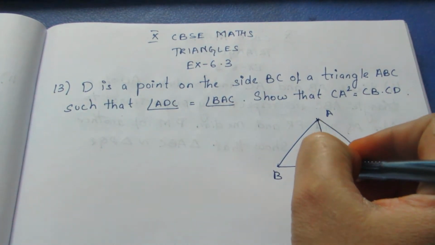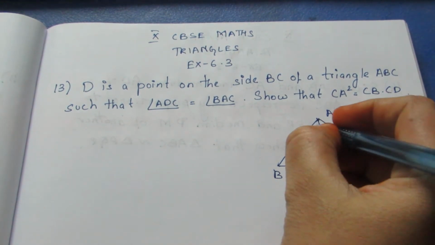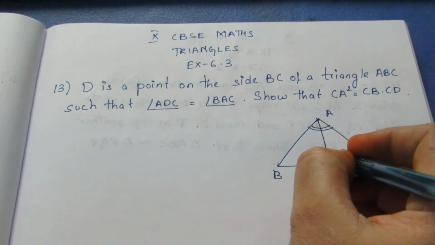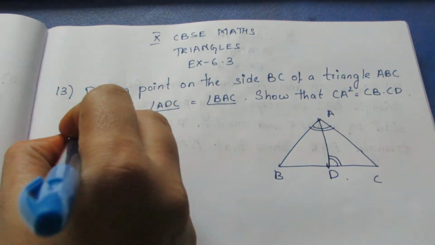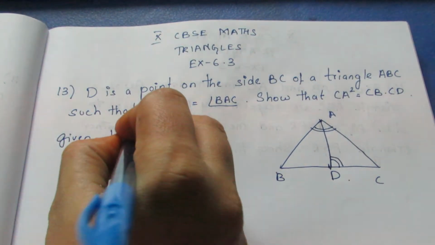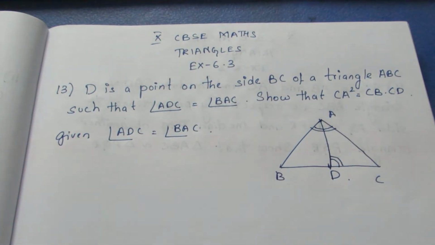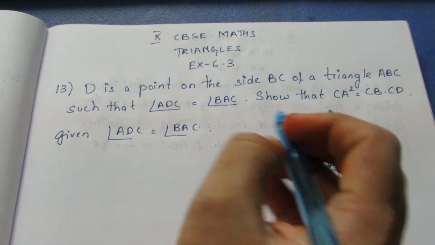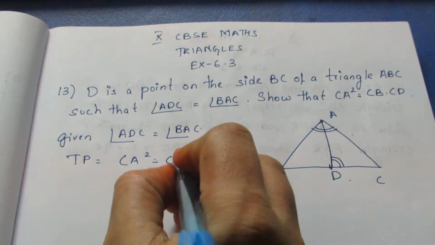So joining AD, such that angle ADC equals angle BAC. Given that these two angles are equal. Now we have to prove that CA square equals CB into CD.